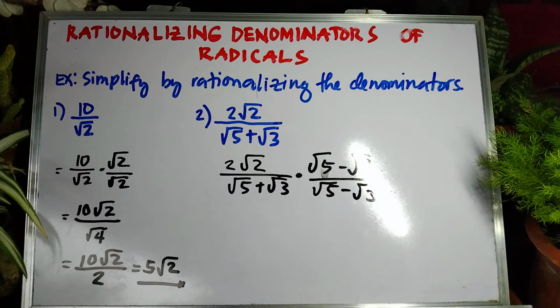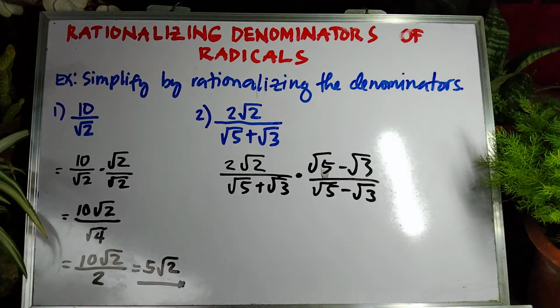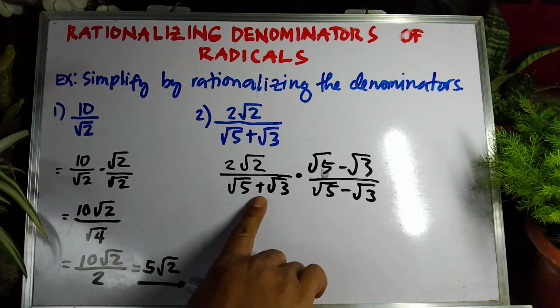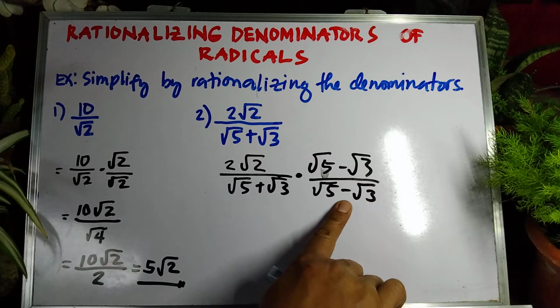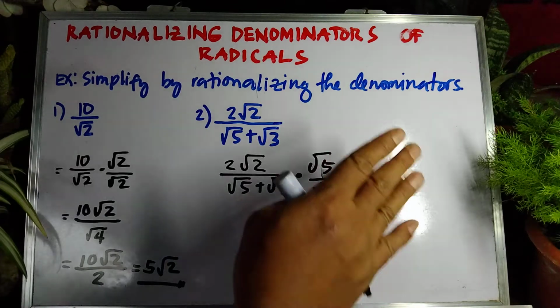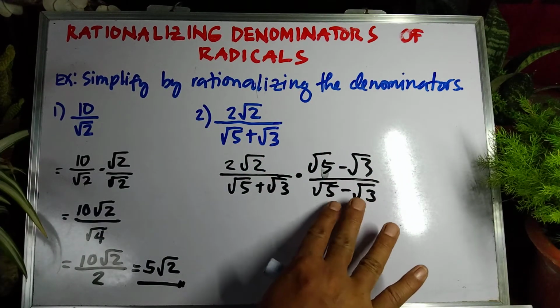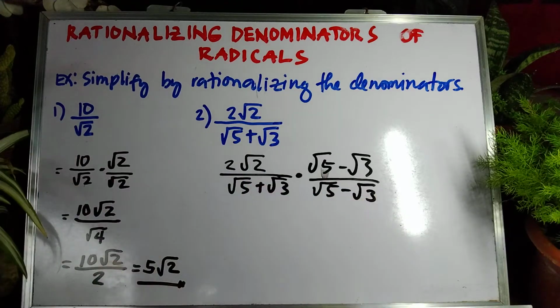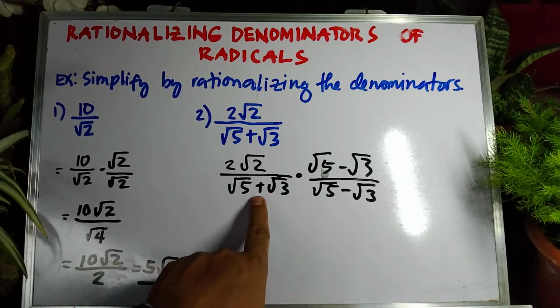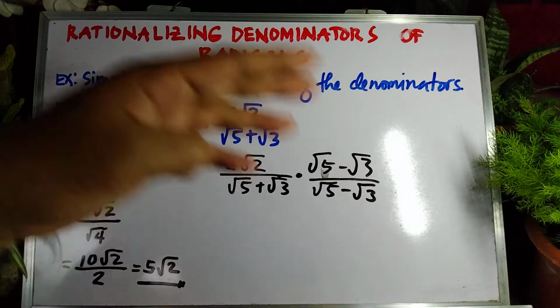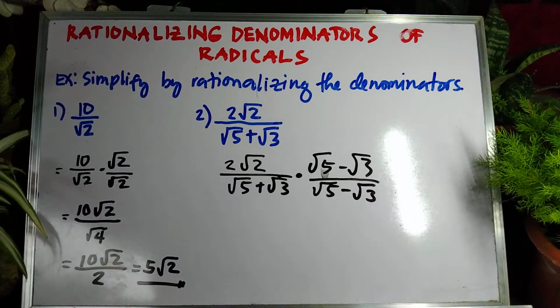This is the conjugate. Since this is plus, its conjugate is minus. If it is minus here, its conjugate is plus. Can you follow? So let's proceed.